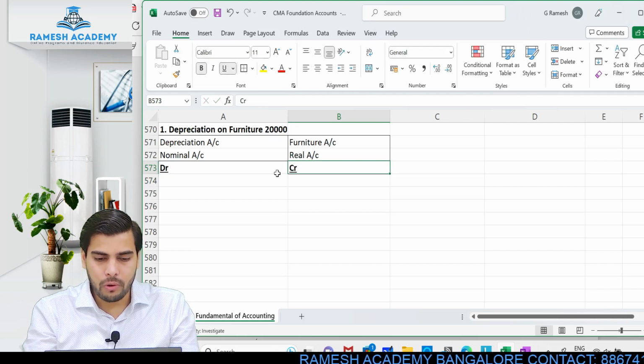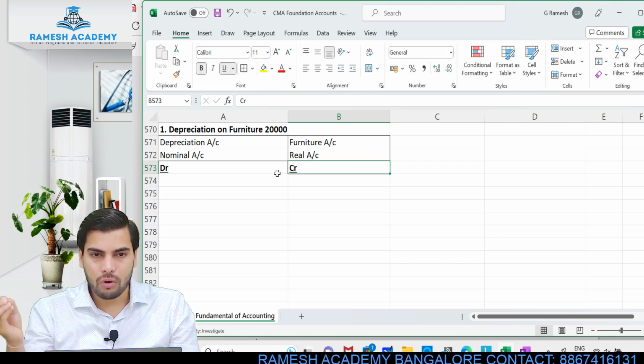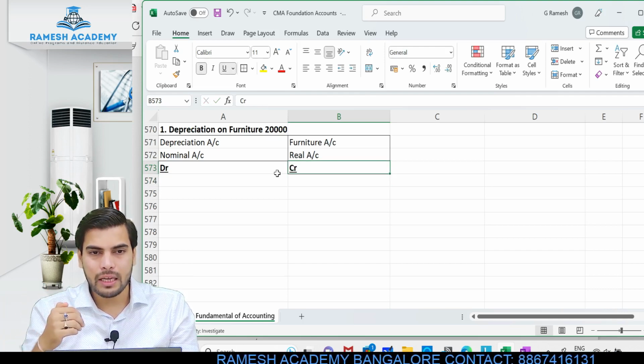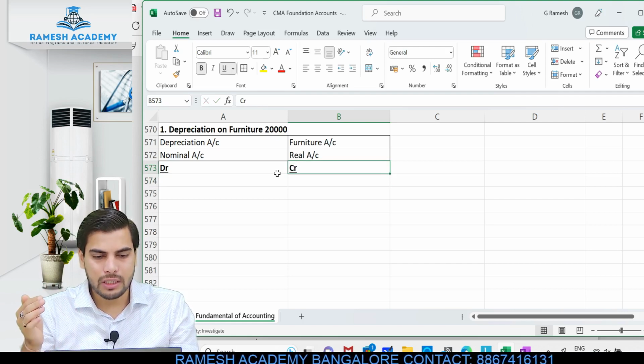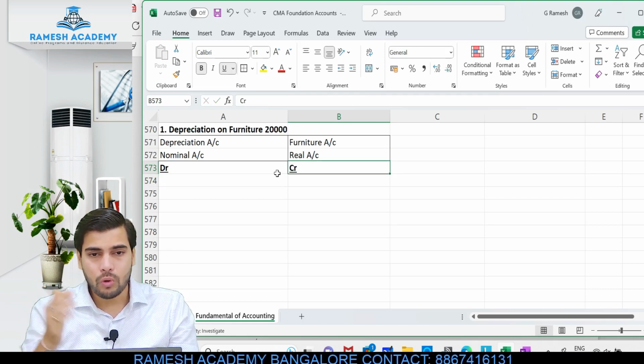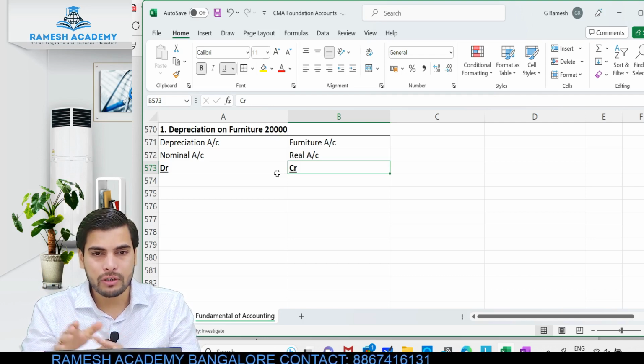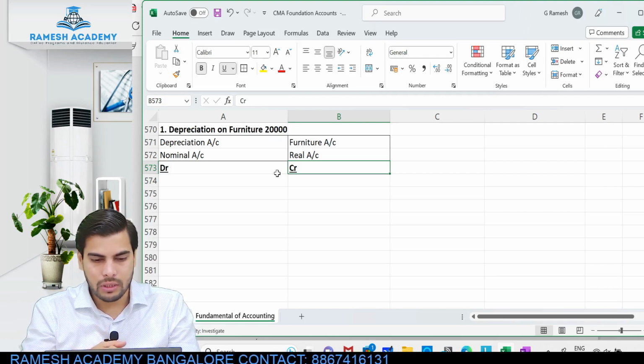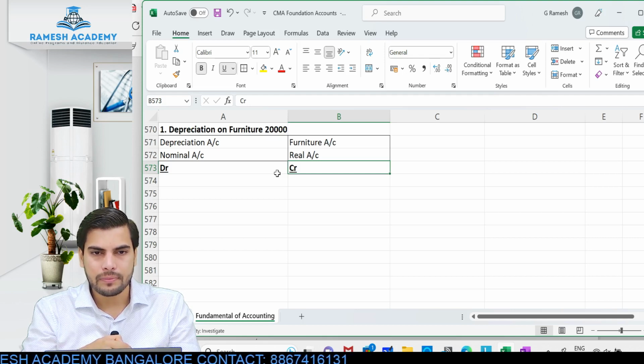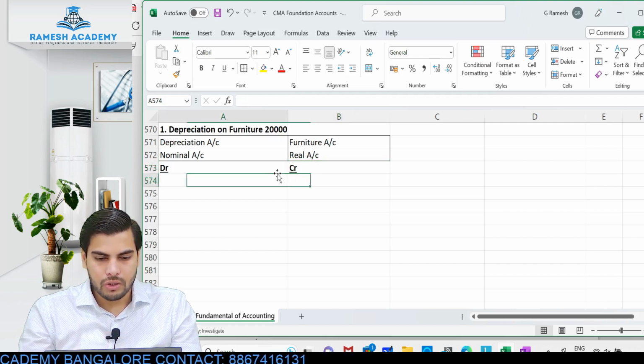Although the physical furniture is not going out of the business, the value is what is getting reduced. Earlier the furniture, let's say, was 2 lakh. From this 2 lakh, 20,000 rupees is getting reduced. So furniture to the extent of 20,000 rupees is going out, therefore we'll be crediting this. Is this clear? So what would be the journal entry?